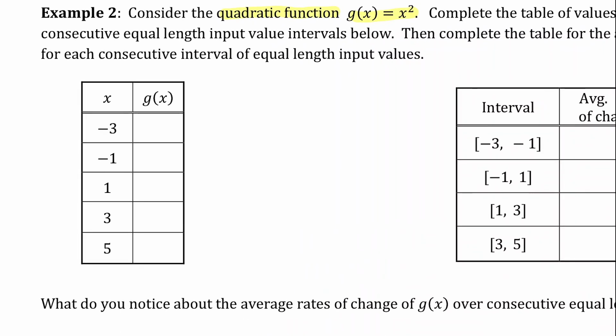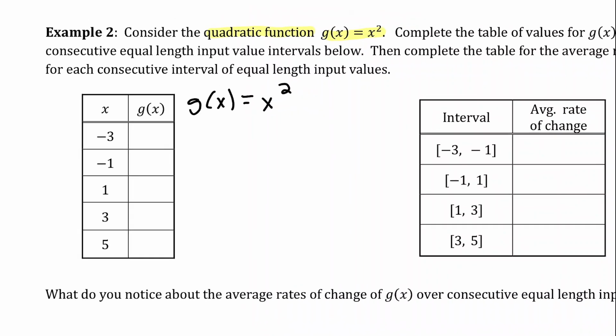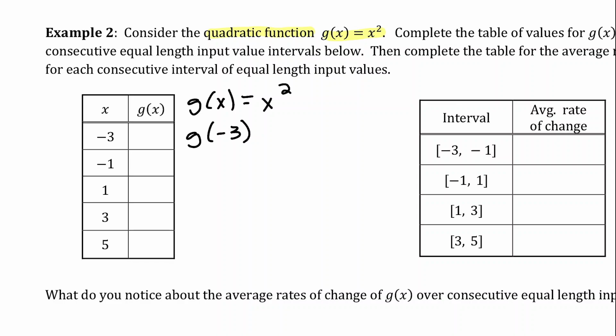If I look here, g of x is equal to x squared. If I plug in a negative 3, I get negative 3 squared, 9.